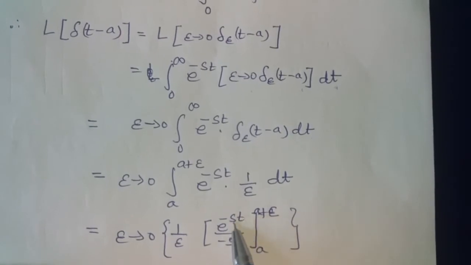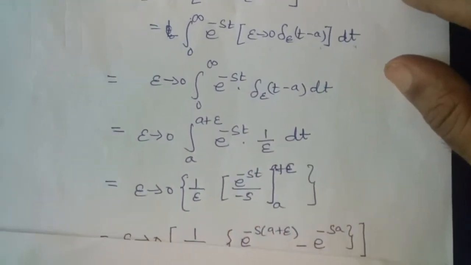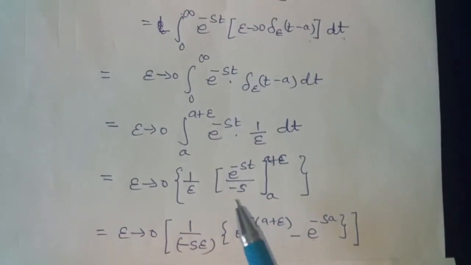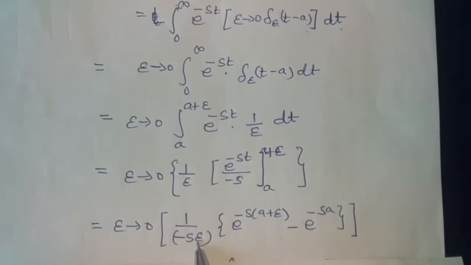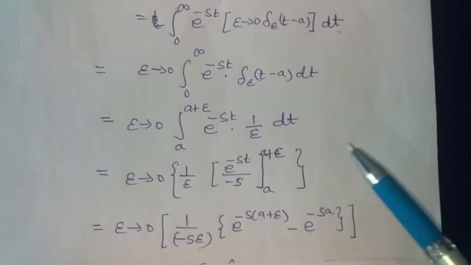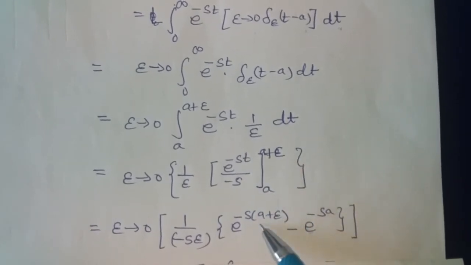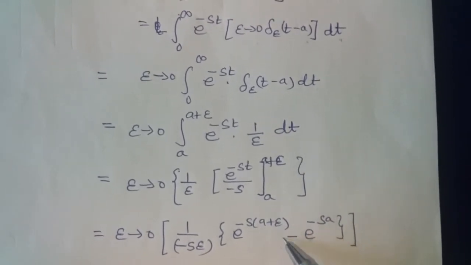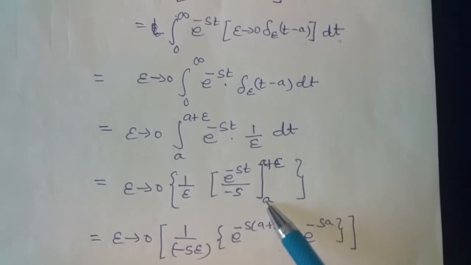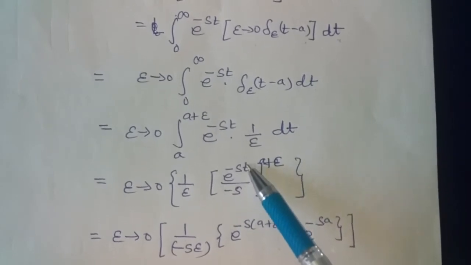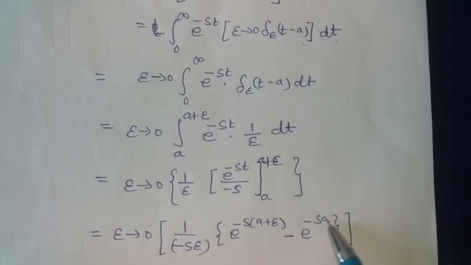Now in place of t we put the upper and lower limits, and minus s is constant, so we write 1 upon minus s epsilon as a multiple. The upper limit gives e raised to minus s, and in place of t we get a plus epsilon, minus the lower limit, a, so in place of t we put a, and we get e raised to minus sa here.